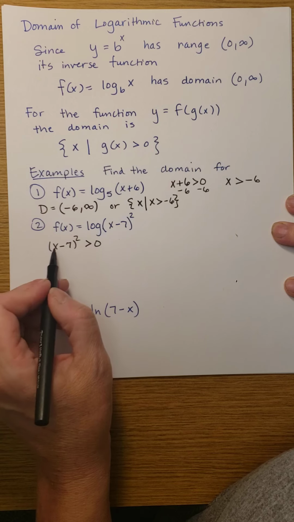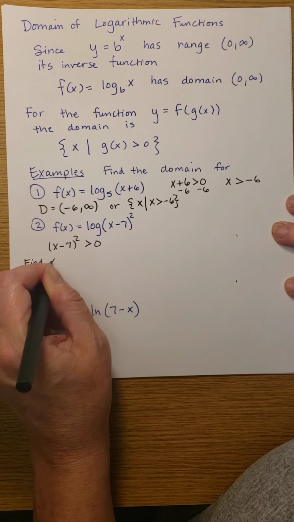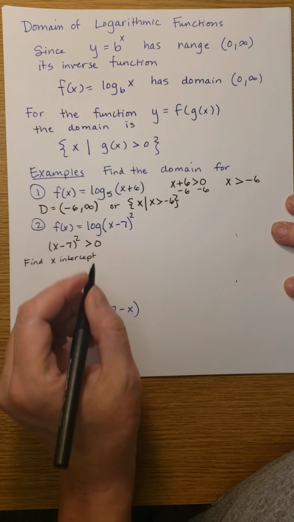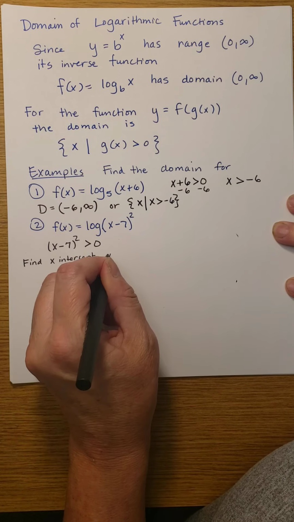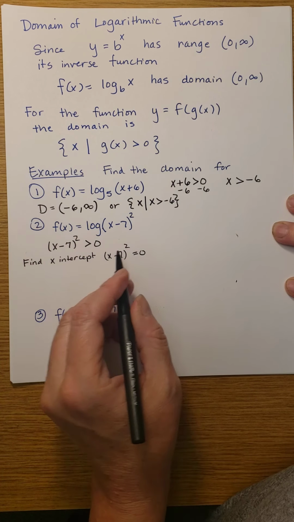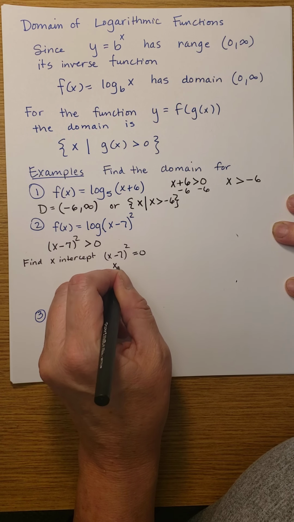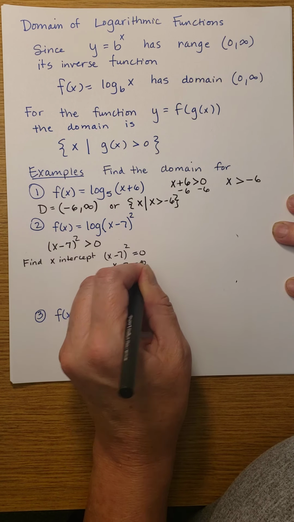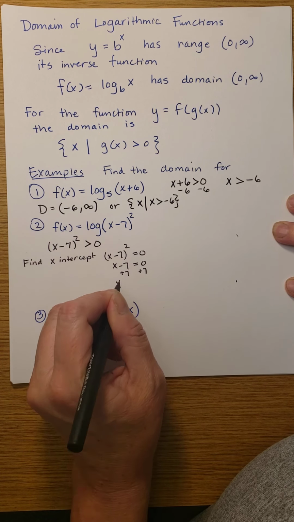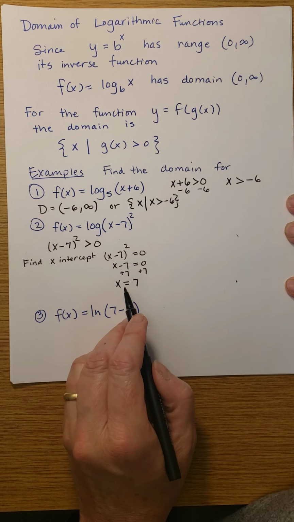To find the x-intercept, we set x minus 7 squared equal to 0, and we solve this. If x minus 7 squared is equal to 0, then x minus 7 must be 0. And if we add 7 to both sides, we get x is equal to 7.